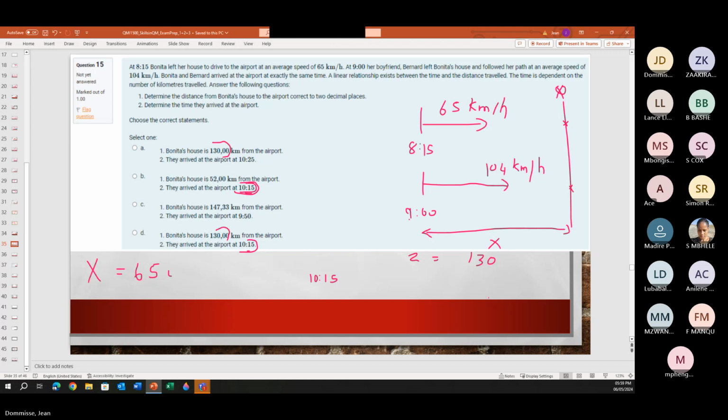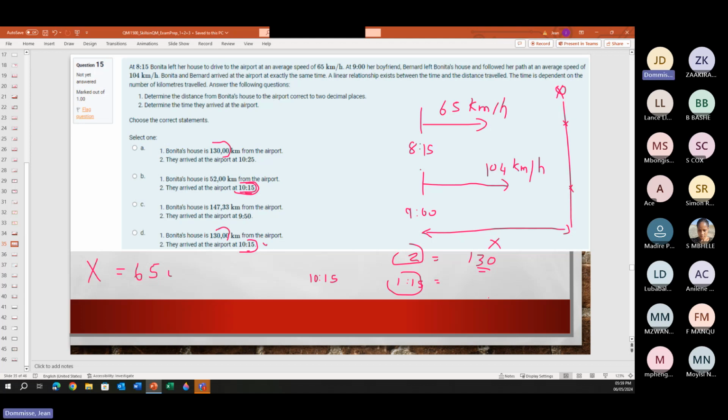If it is 1 hour, 15 minutes, that will also be 300, and so that would be 15 divided by 60. Okay, so 2 hours and 15 minutes will give you that. It looks like option D is the right one, but why?